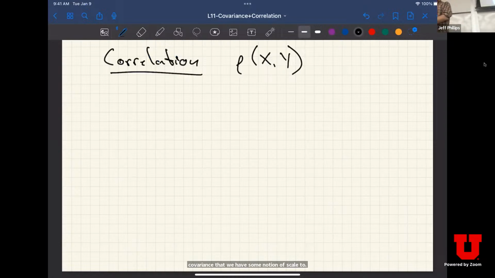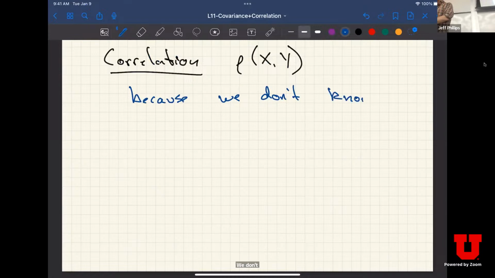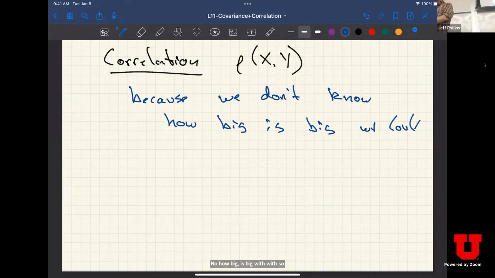We do this because we don't know how big is big with covariance, right?